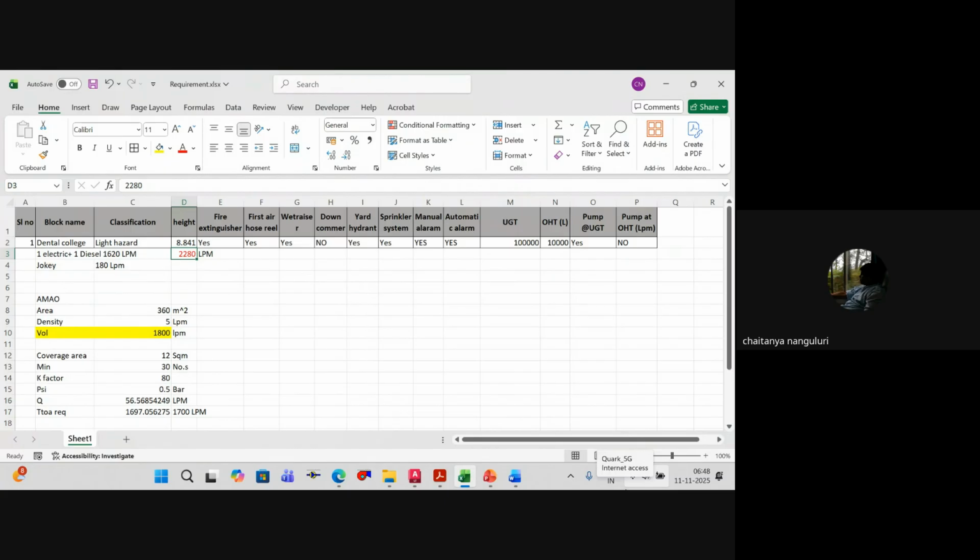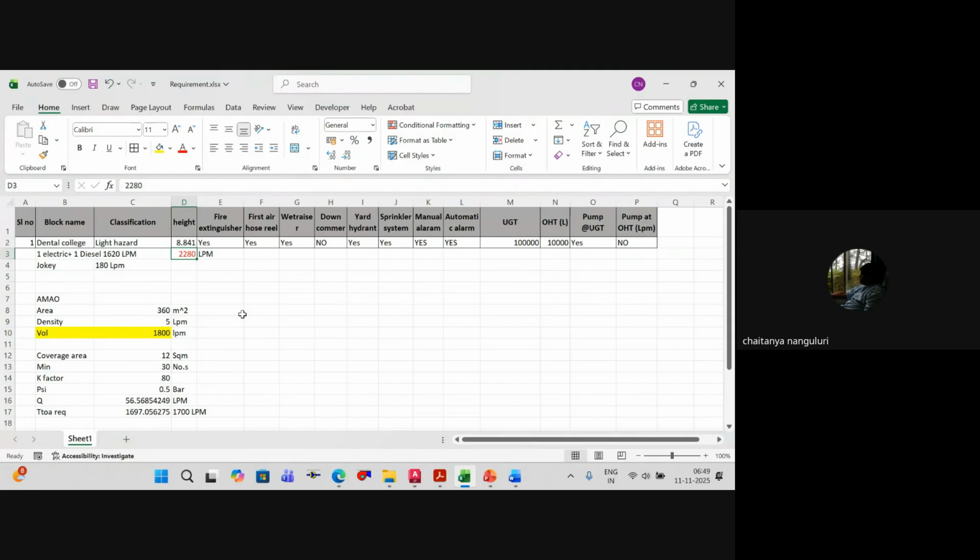Okay. Now we have to worry about your underground tank capacities. Whatever you have, you have to calculate as per the time that you require. Now you know your pumping capacity, so you have to calculate the backup time you require.